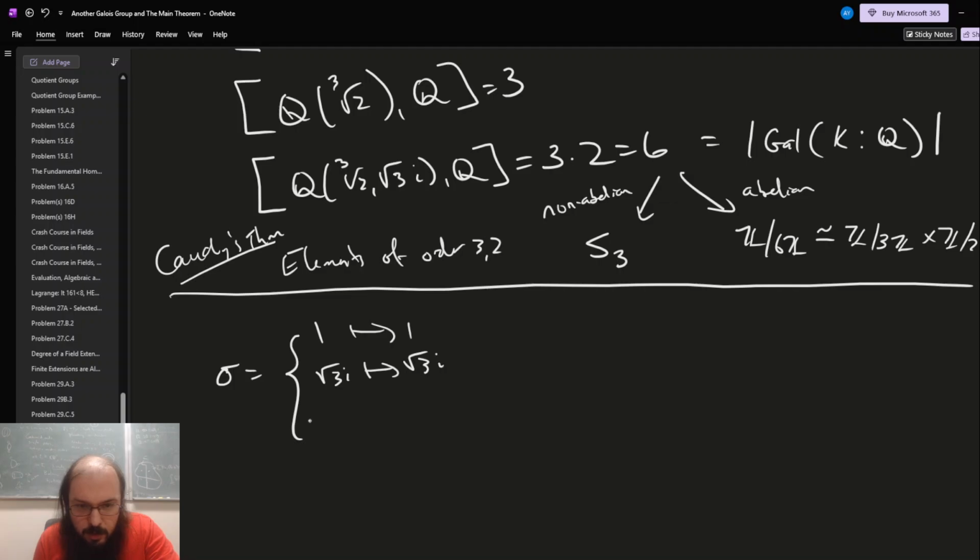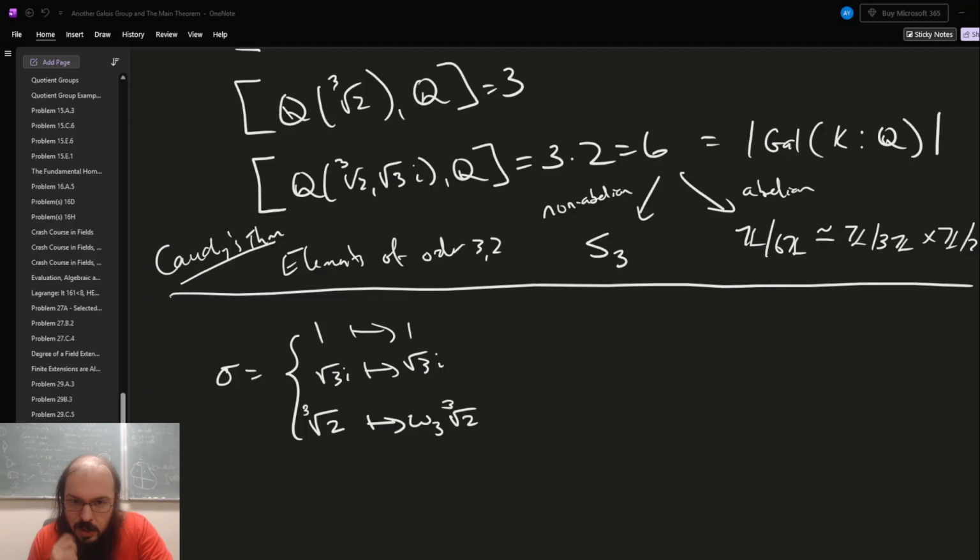And then the natural thing to do, if I want to multiply the cube root of 2 by something in a way for which if I do it 3 times, it returns to itself, is to just multiply by that third root of unity. It remains to see that this is an automorphism, but let's hold that thought for just 1 second.